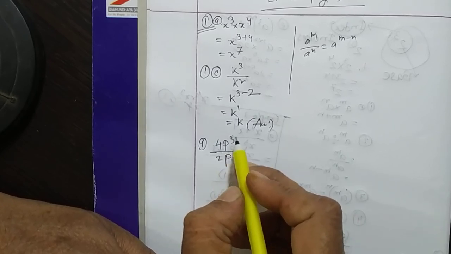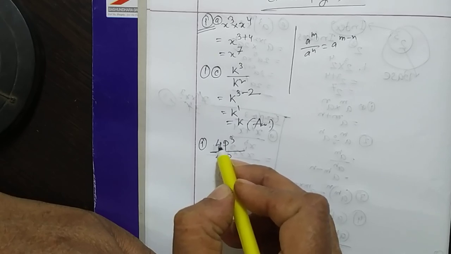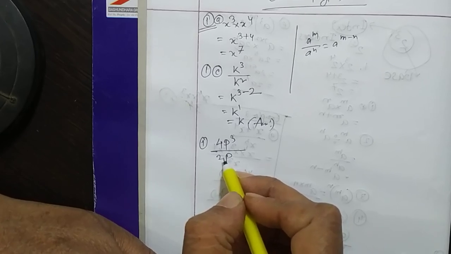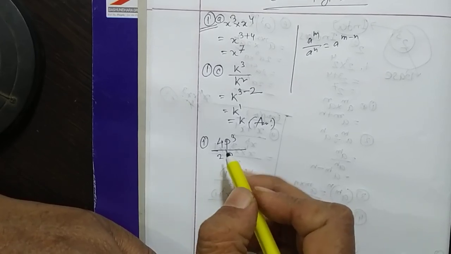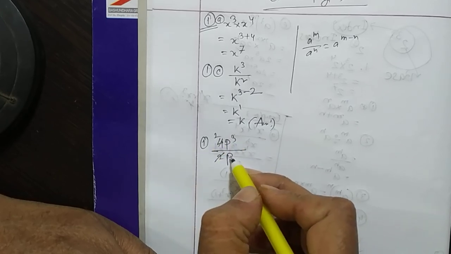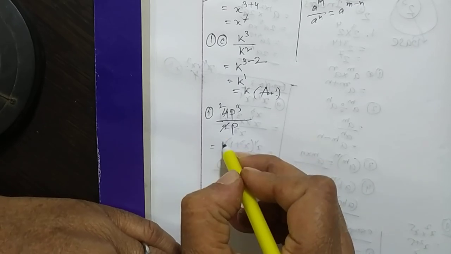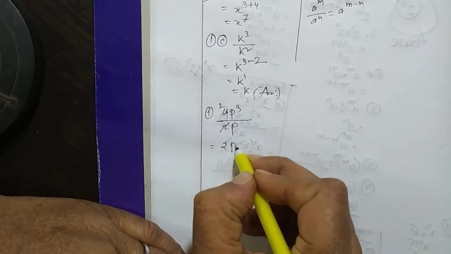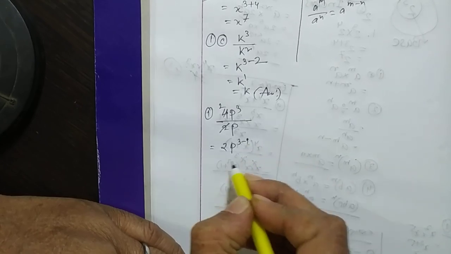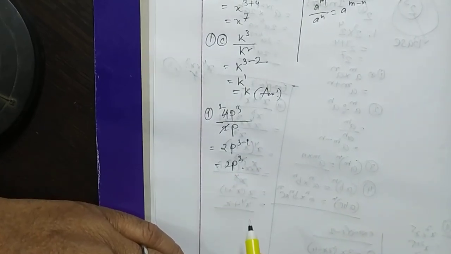If these numbers are multiplied, suppose 4 multiplied by p to the power of 3, and in the denominator we have 2p, so 2 goes into 4, that is 2, and p to the power of 3 over p. Directly you can write 2p to the power of 3 minus 1, that is 2p to the power of 2, or 2p squared.